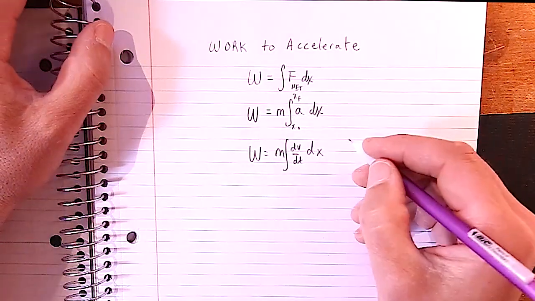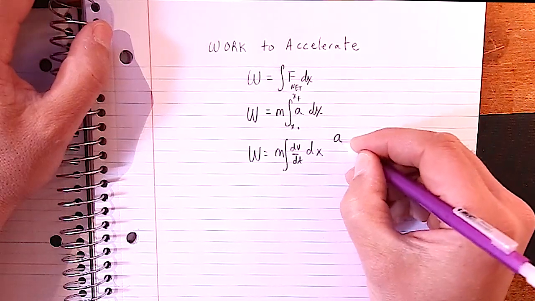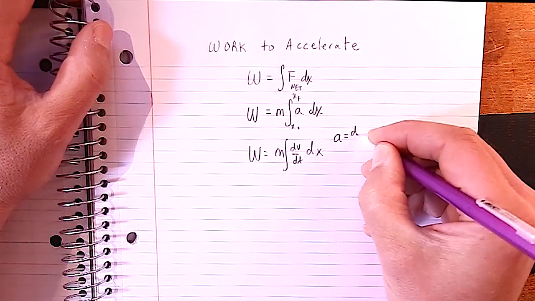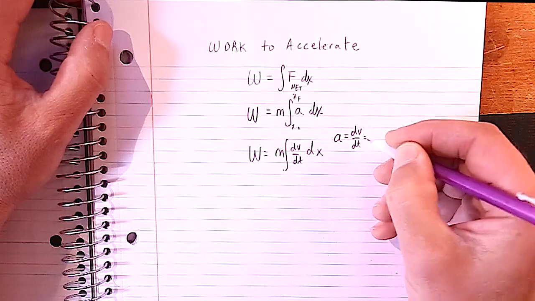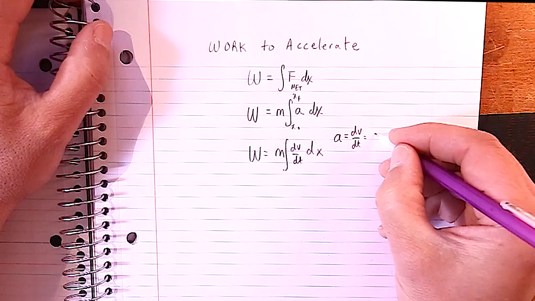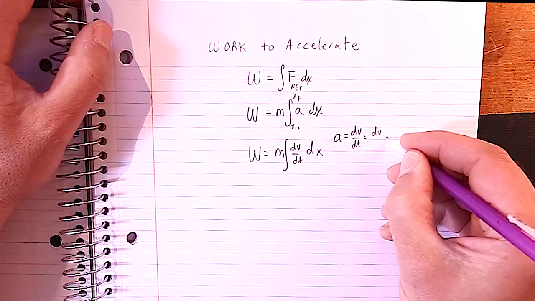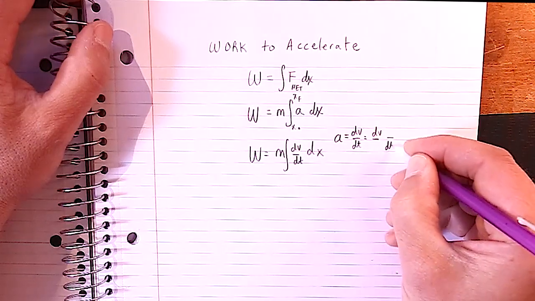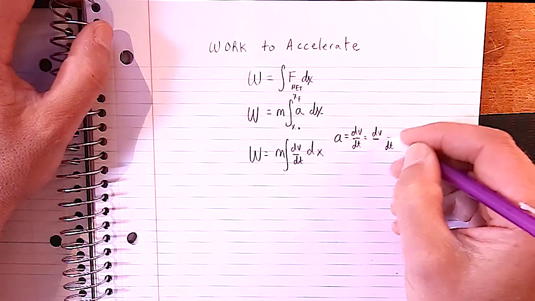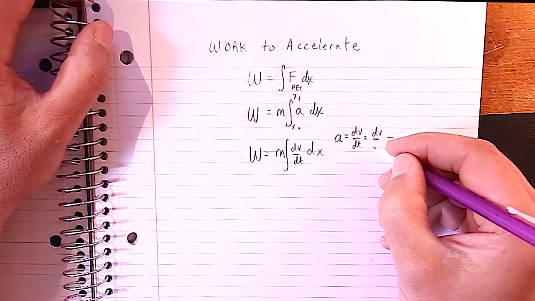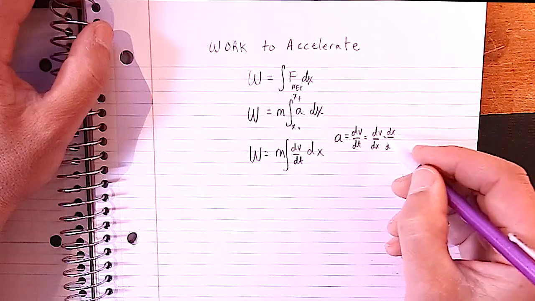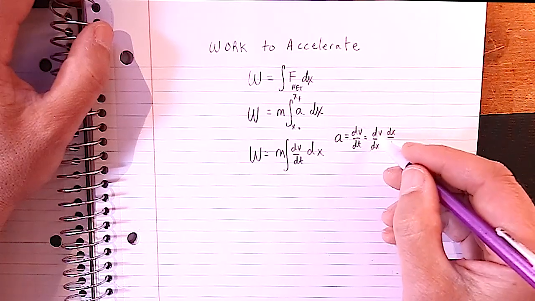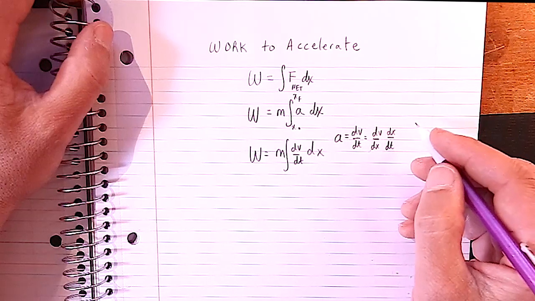So what we can do is a little sidestep over here, where we say the acceleration is equal to dv over dt. Then using the chain rule, we can split this up and say dv over dt, and then we can put anything we want in here that would cancel each other out. So if we put dx's in here, we can see that these two would cancel and we still have dv over dt.